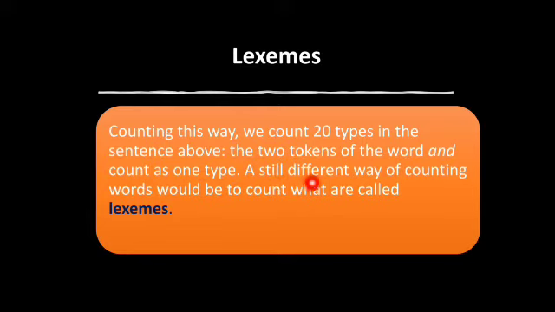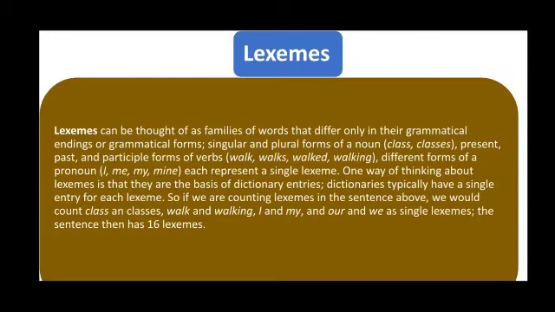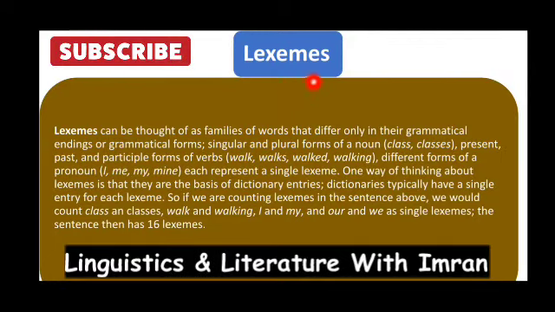A still different way of counting words is to count what we call lexemes. Now we will be talking about lexemes. Lexemes can be thought of as families of words that differ only in their grammatical endings or grammatical forms.